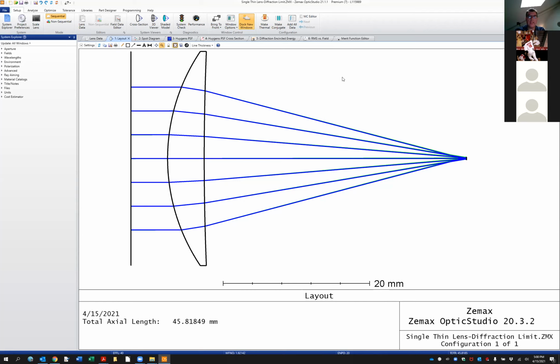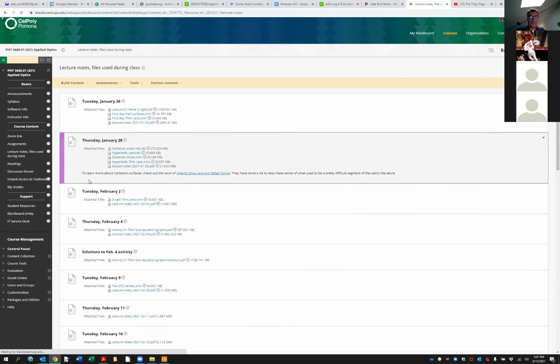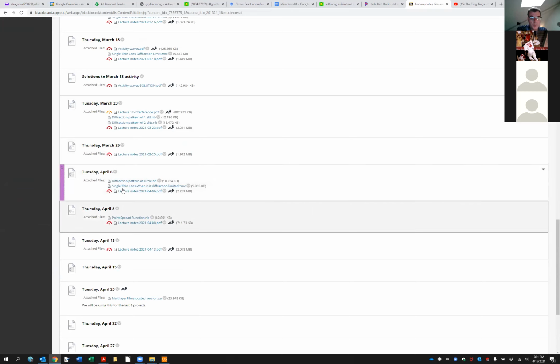Can you guys see my screen? Yes. Yep. All right, go to Blackboard and download the file. It's going to be single thin lens diffraction limit.